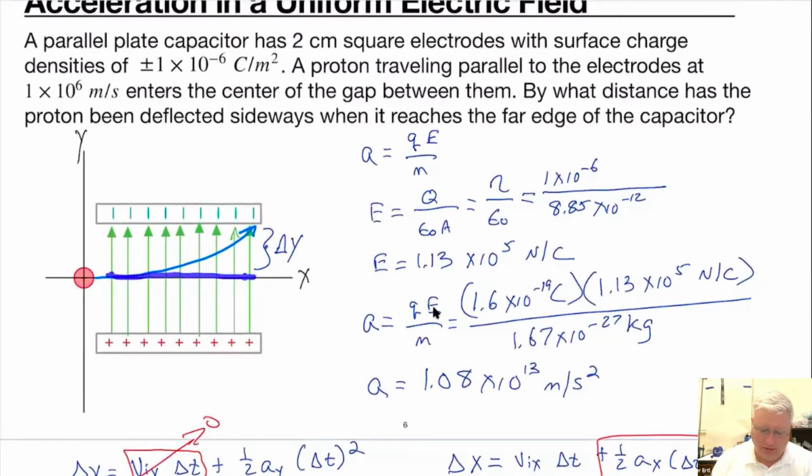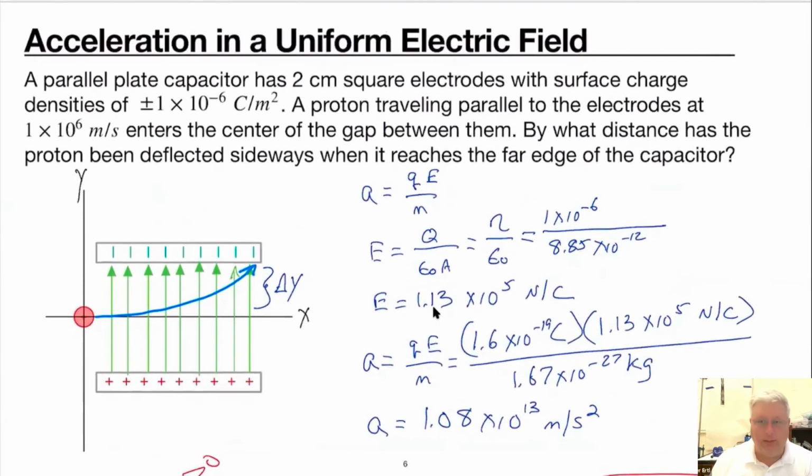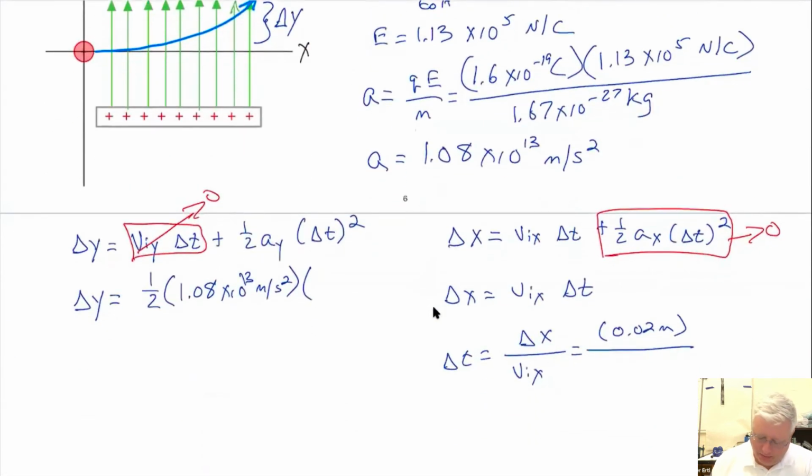That's what we're looking for: by what distance has the proton been deflected when it reaches the far side of the capacitor. So our delta x is 2 centimeters, or 0.02 meters, keeping our units consistent. And its initial velocity in the x direction, we were told, was 1 times 10 to the 6 meters per second.